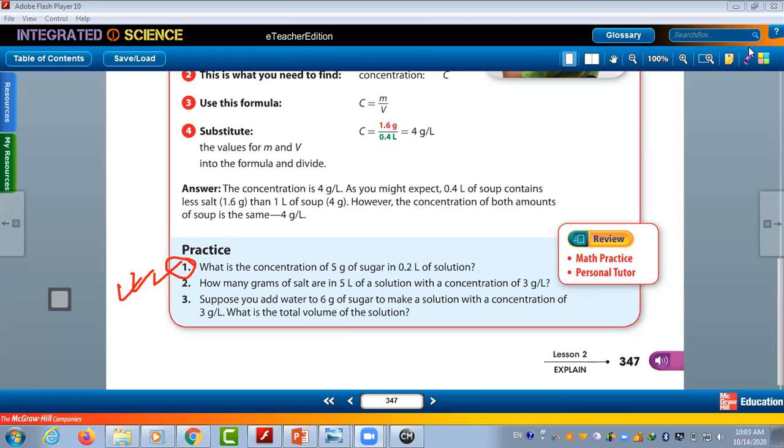I'll open chat for you. You have only 1 minute to send me the answer. As usual, the one who will not participate gets no marks for participation. Remember this point.